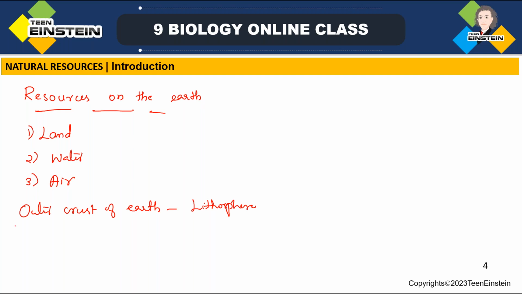And we know that earth's surface, 75% is covered by water, right? So water covers 75% of Earth's surface, and water is also present underground.